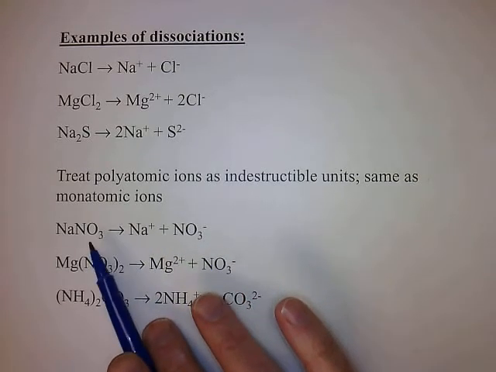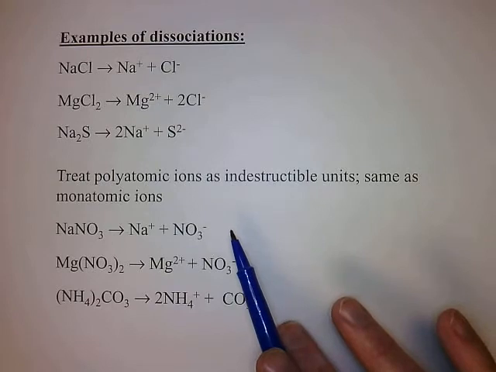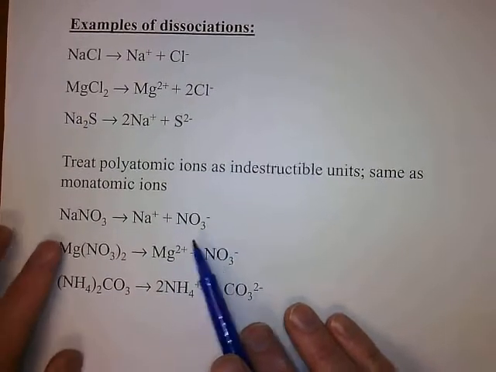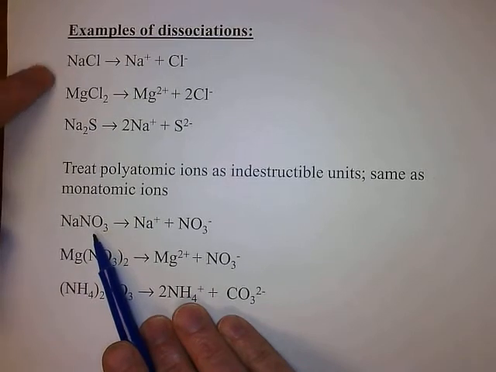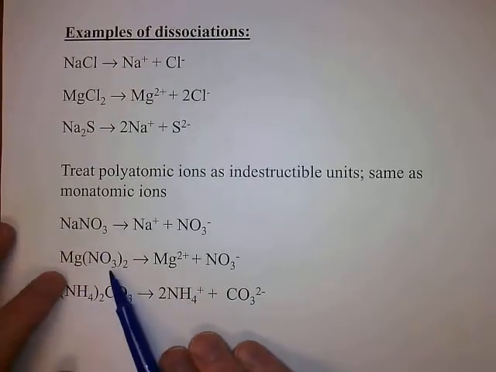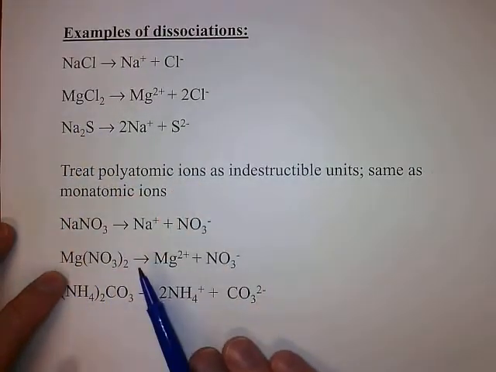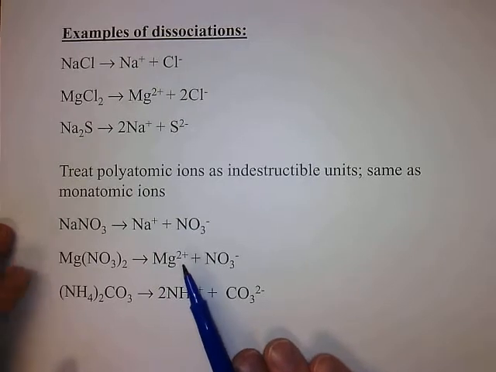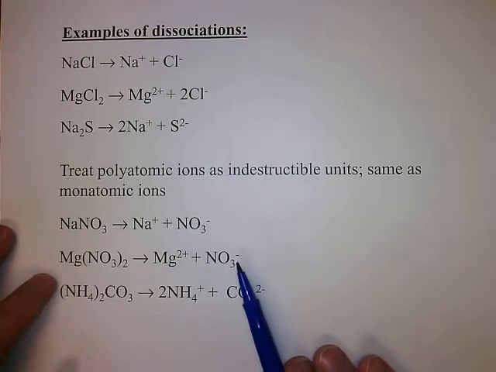Don't try to break up the nitrate into nitrogen and oxygen. So treat the dissolving of sodium nitrate as no different than, let's say, that of sodium chloride. Same thing with magnesium nitrate. Treat that just like the magnesium chloride. So we're going to get one magnesium and two nitrate ions.